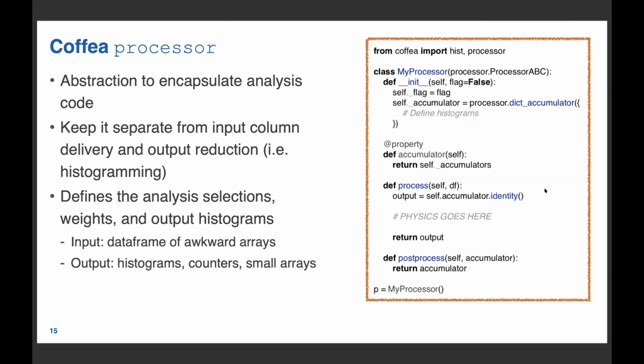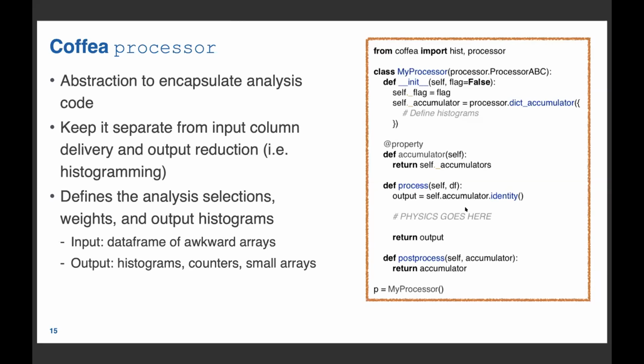On the right part of the slide, you have a sketch of how a Coffea processor can be written, and in bold you have "physics goes here". That's where you define your objects, apply your weights, apply your selections, and describe your histograms.